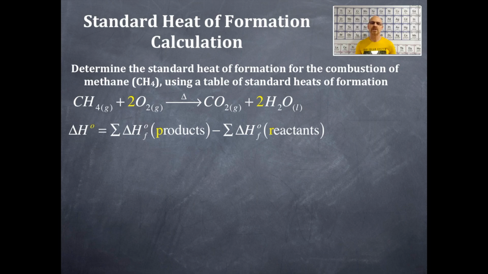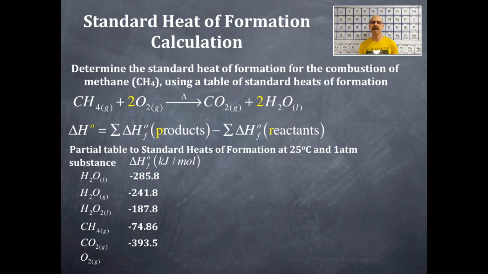I don't know if you like the radio station NPR, it doesn't really matter, but that's N for naught, P for products, R for reactants. Hopefully you got that, and that way you don't forget it's products minus reactants.